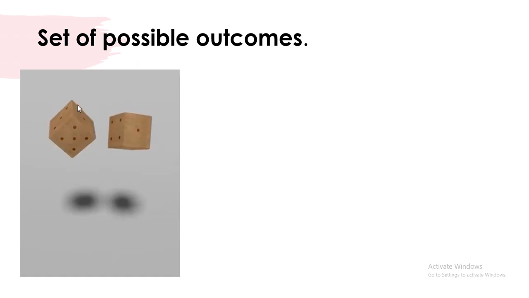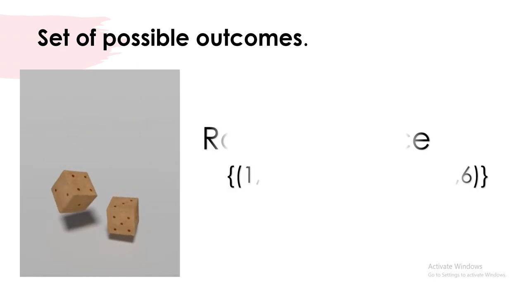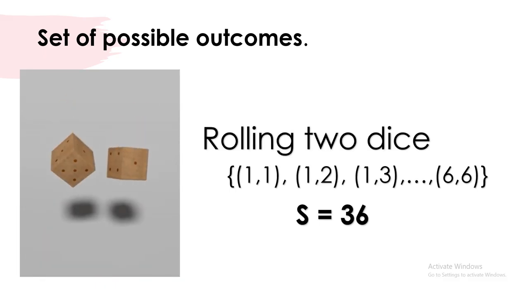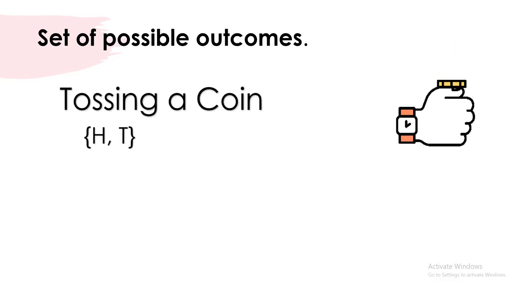How about in tossing or rolling 2 dice? Okay, in rolling 2 dice, we have the sample space of 36. I have already discussed this in our previous lesson. In tossing a coin, we have head and tail. So we only have here a sample space of 2. Meaning the possible outcomes that you may get here is head or tail.